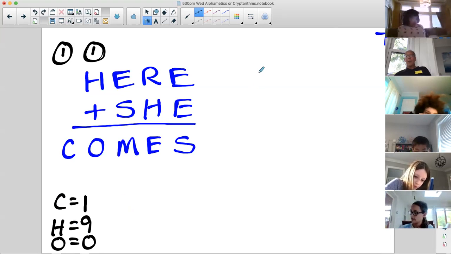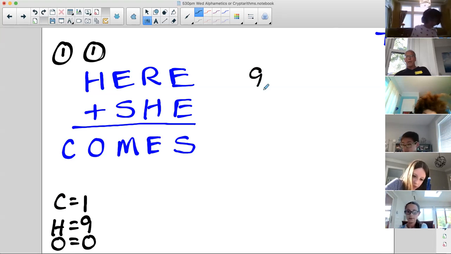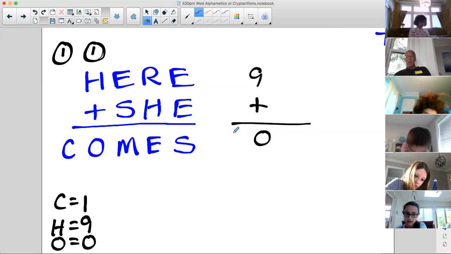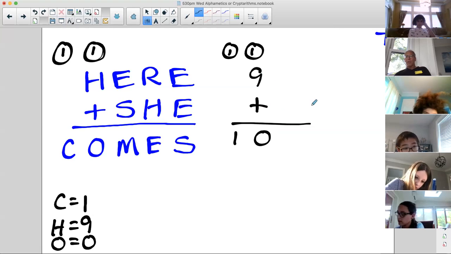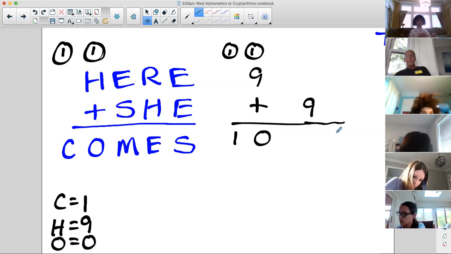So now substitute those values. Put your carries up there. Remember, there's another H in this problem, so you can put that 9 there as well. And that is a great way to start the problem.